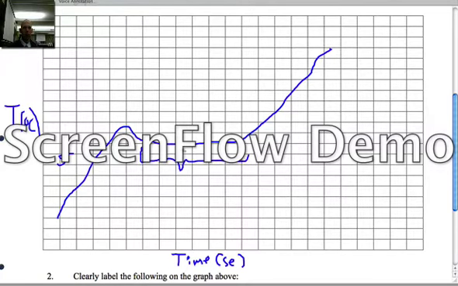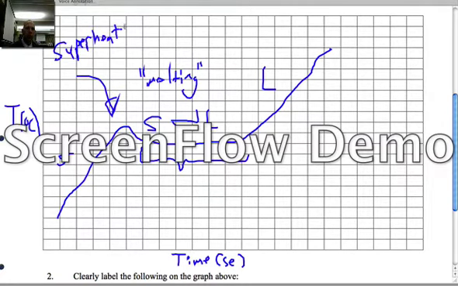Here's the region we're really looking for, the solid to liquid equilibrium line. This is where melting is happening. And here's where it's a liquid. Since this is a heating curve, this is the superheated region. Superheated because you notice this region right here, it's not supposed to be a solid.